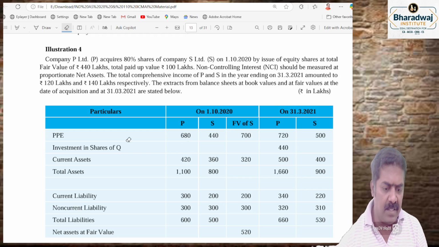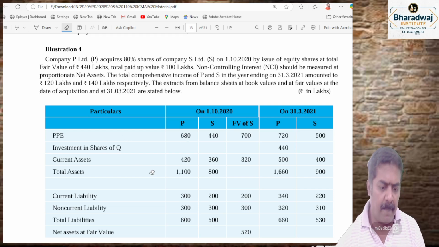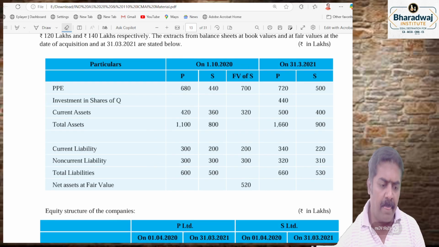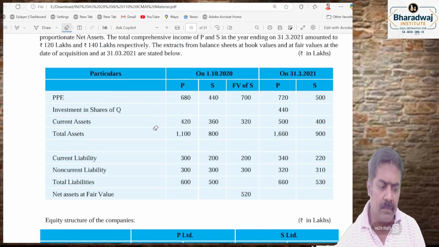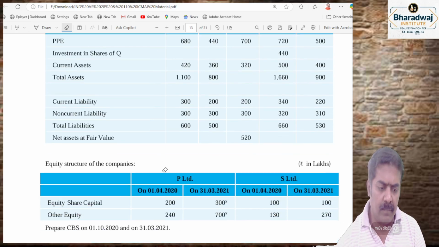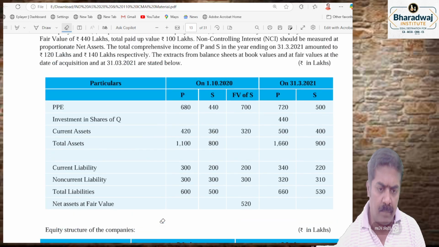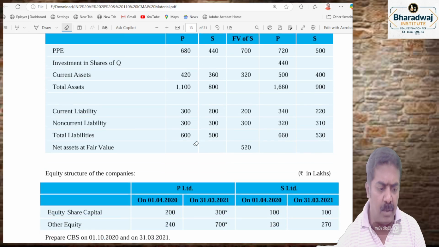Extracts of the balance sheet are given to us. They earned total comprehensive income of 120 lakhs and 140 lakhs.